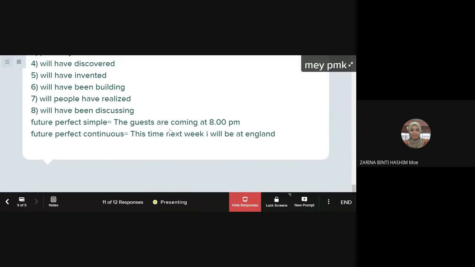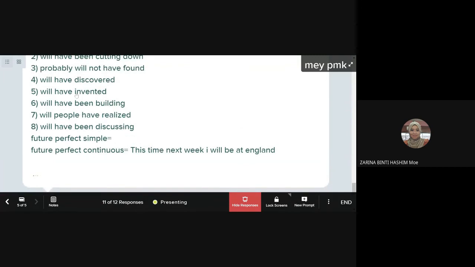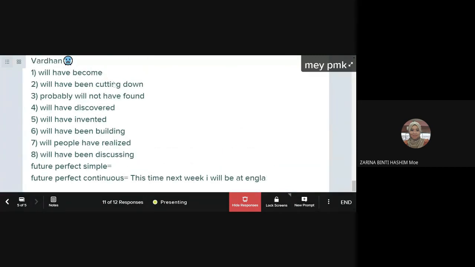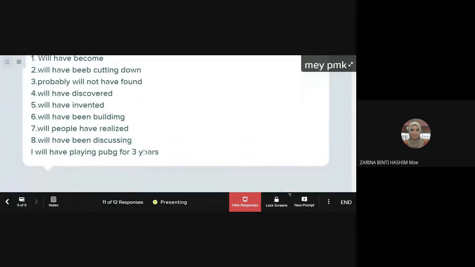Now it should be either will have past participle or will have been. Please redo your sentences. You have to use the answers from number 1 to number 8. You should be constructing your sentences based on those tenses.